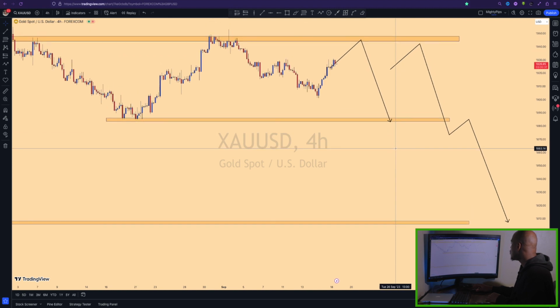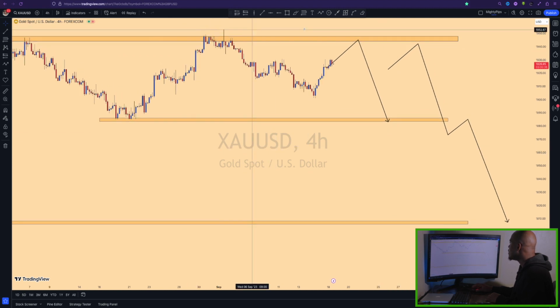what I would do is I would look at this level here, because there is a level here which gold is rejecting. You can see clearly that this is like a double top which gold is rejecting. I suspect that gold can continue down from here on the 4-hour chart, or if it breaks above, it will push to this level.